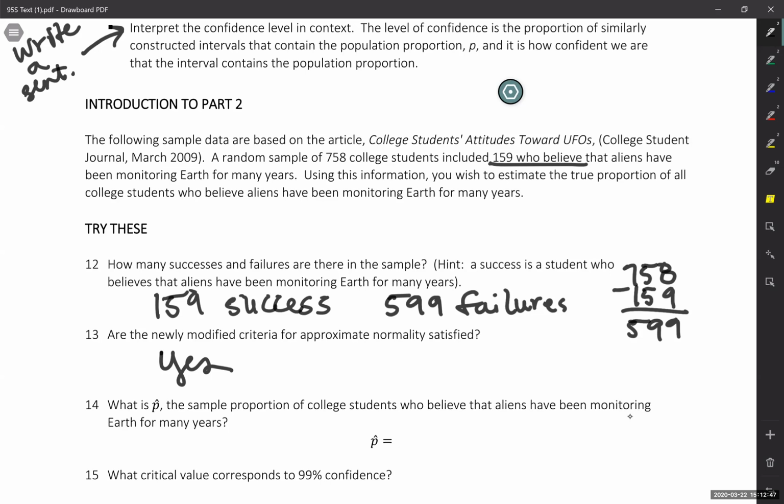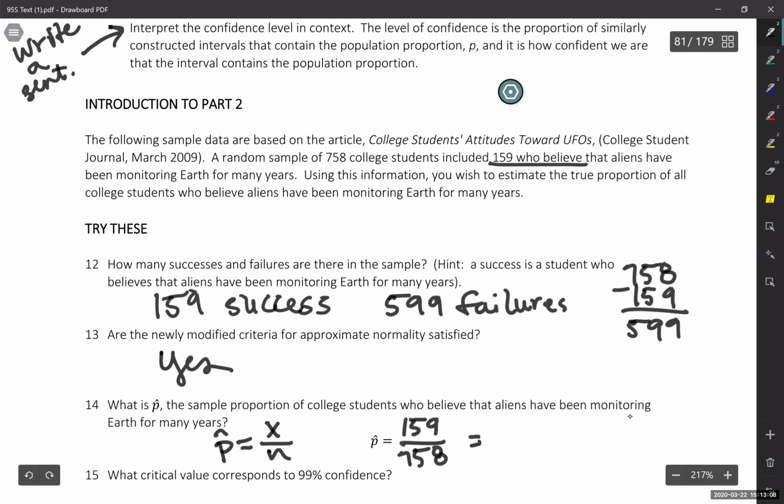Okay, so what is p hat? The formula for p hat is the number of successes over the total number of people. So in this problem, 159 successes, and we have 758 people, and so we get 0.210 as our p hat.